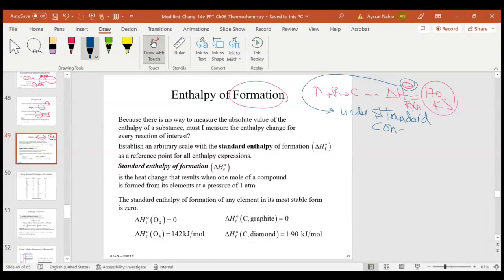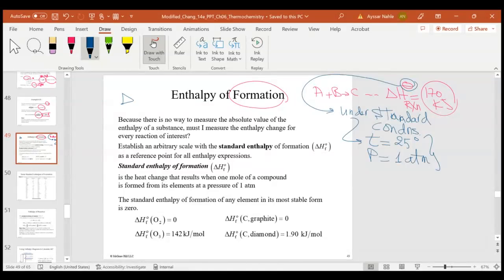Under standard conditions. The standard conditions here are the following: the temperature is equal to 25 degrees Celsius and the pressure is equal to 1 atmosphere. When I say "not", that means standard.